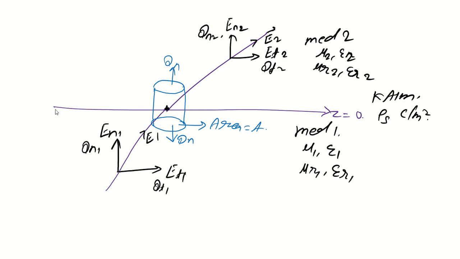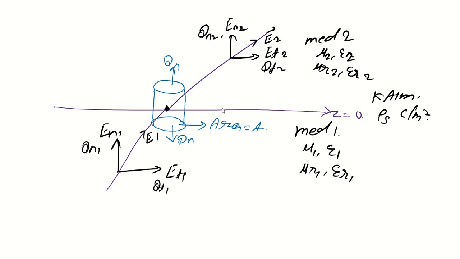Okay, so we have a surface z equal to 0 which is separating the two media, medium 1 and medium 2. Now we have electric field incident on this surface, E1, which is going to become E2 in medium 2. So I have bifurcated the tangential component of electric field and electric flux: Et1 or Dt1, similarly En1 or Dn1, similarly here Et2 and Dt2 and En2 and Dn2.